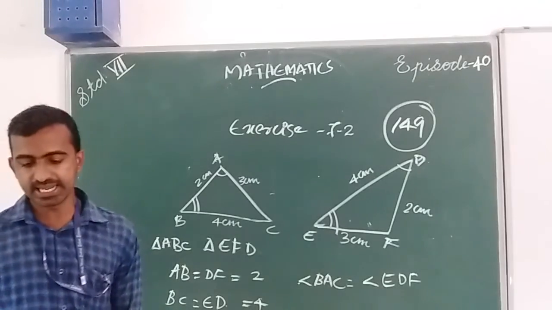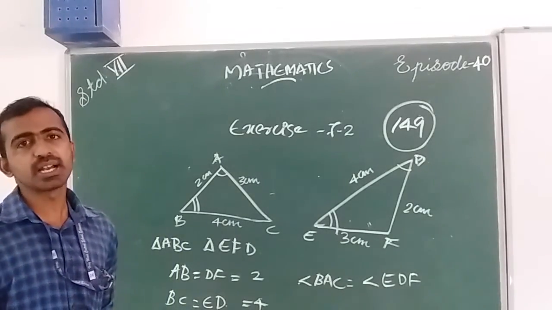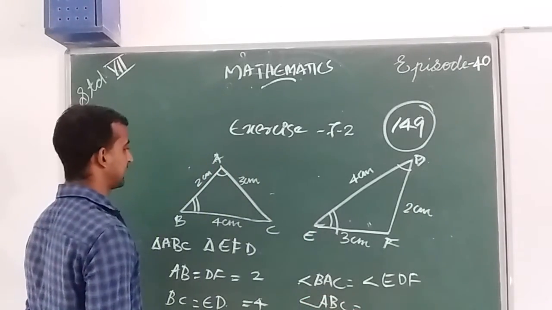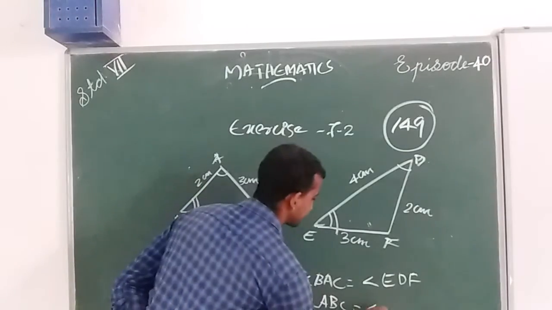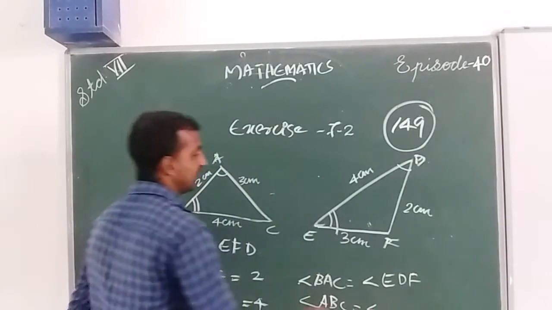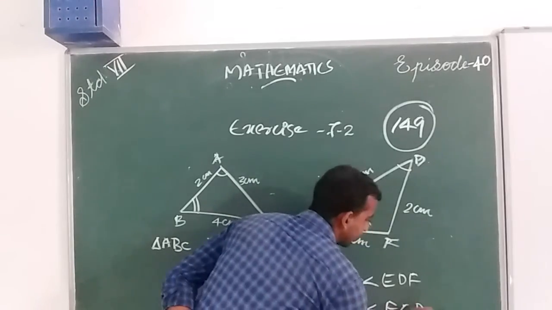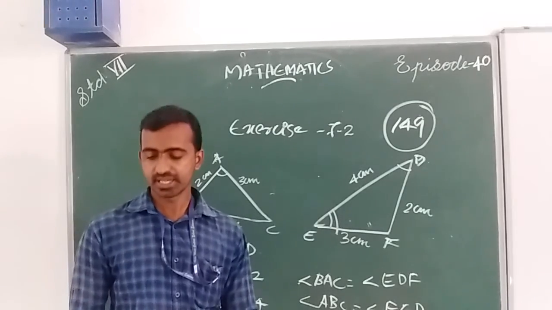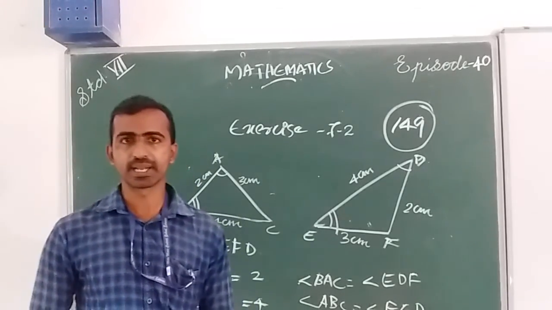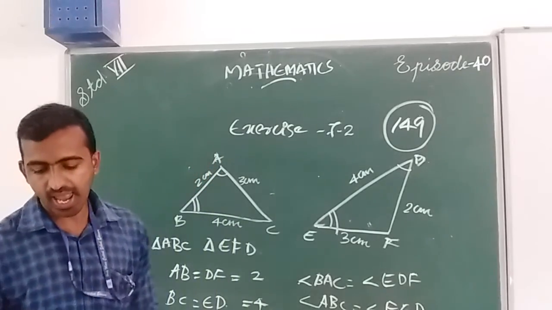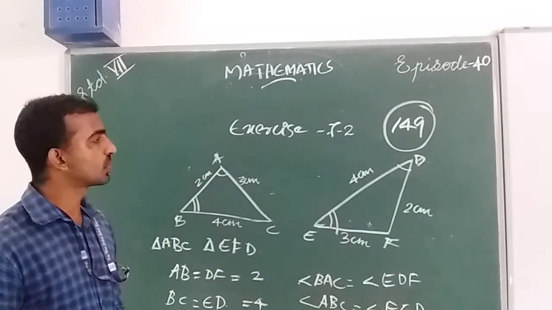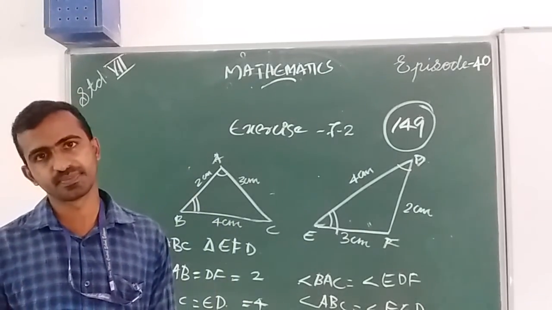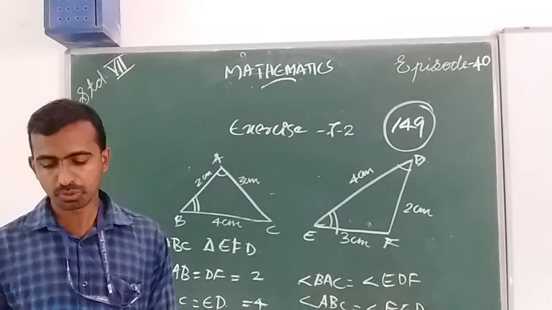And next, angle ABC equal to angle FED. But triangle ABC is not congruent to triangle EDF. These triangles are not congruent.